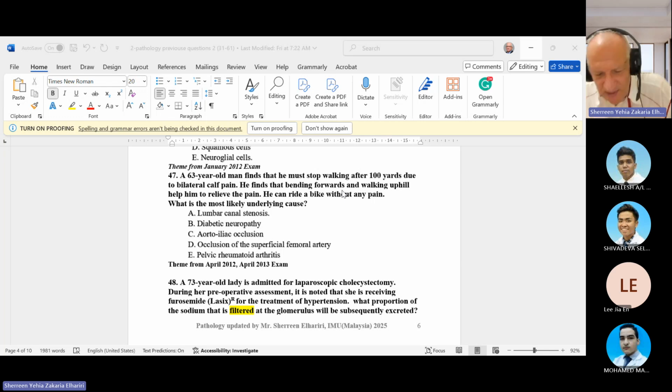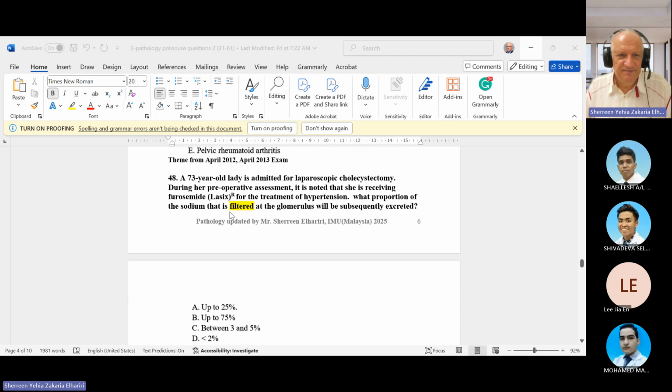So leaning forward or pushing a trolley, or as mentioned here, bending forward or walking uphill, is characteristic of lumbar canal stenosis. It's very common, and you have surgery for lumbar canal stenosis. Very important, it comes frequently in orthopedics.